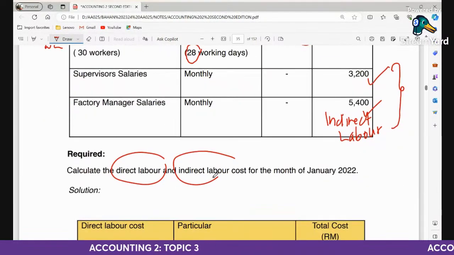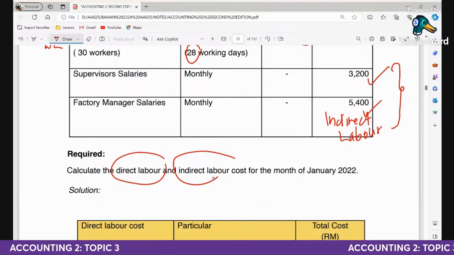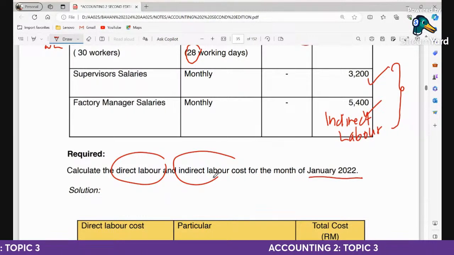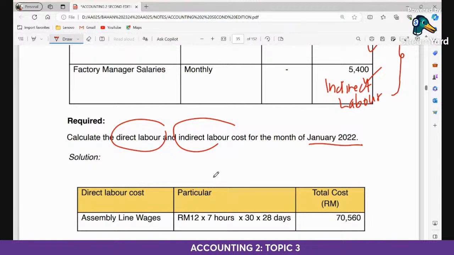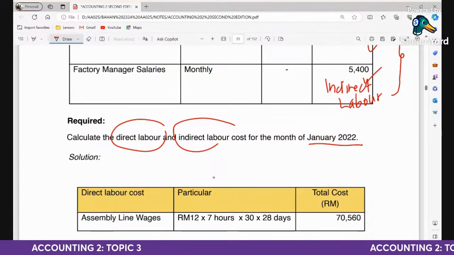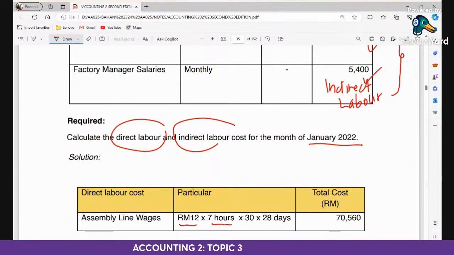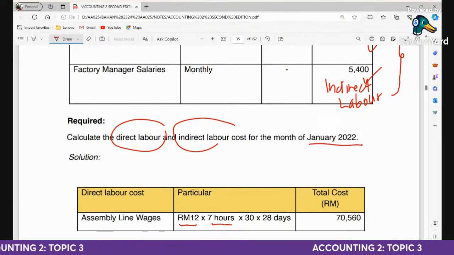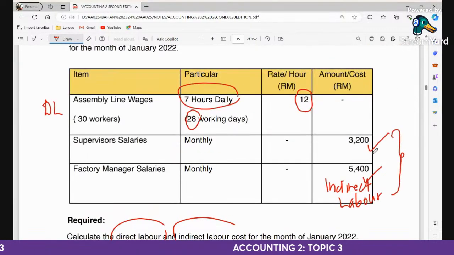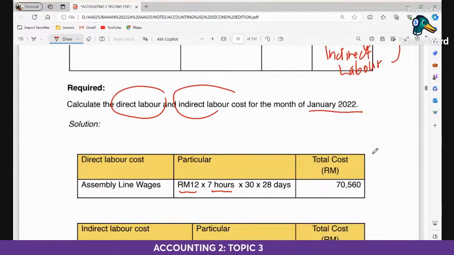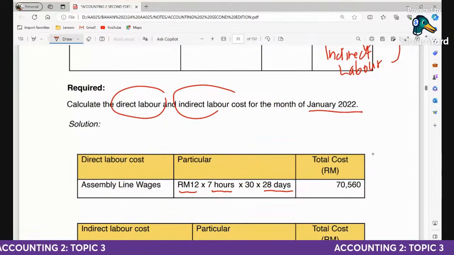So macam mana nak kira direct labor dan indirect labor cost for the month of January 2022? For direct labor cost, it is going to be RM12 multiplied by 7 hours. That is your maximum working hours per day. Times 30, lepas tu times 28 days. Kenapa times 30?